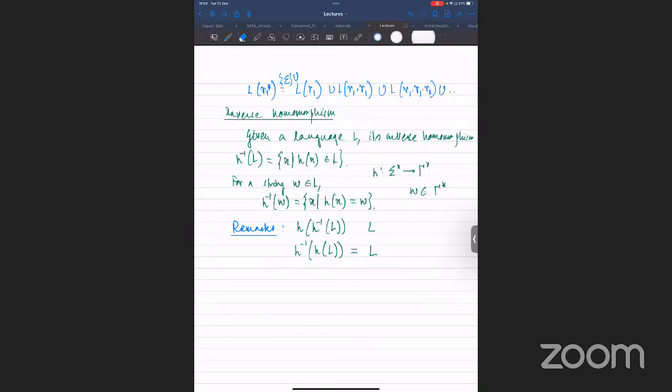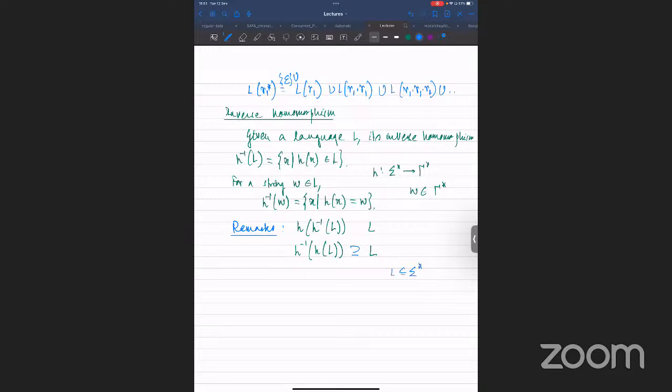Okay, I claim that this is actually not equal, but it is going to be a superset. What is the intuitive reason? You take L, which is a subset of sigma star.